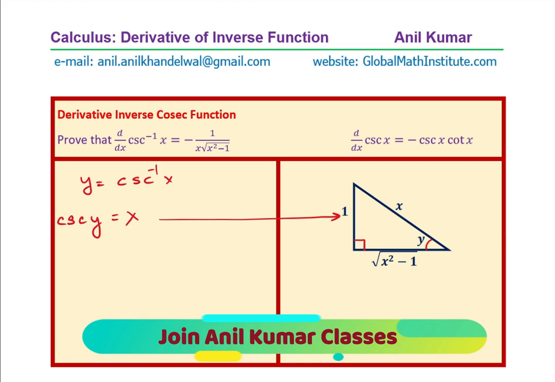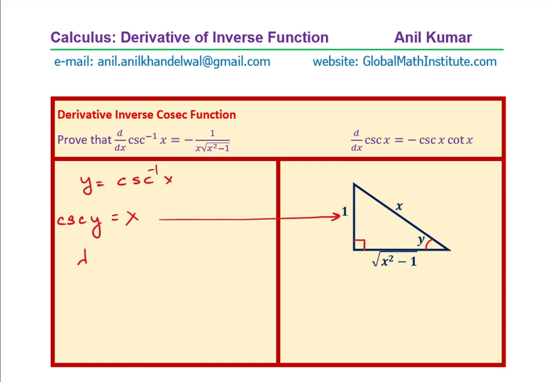Otherwise, you know the shortcut method, right? The shortcut method is that dy dx is basically equal to 1 over the derivative of this function, which is minus cosecant x cot x. You get the idea. Reciprocal of this derivative itself.